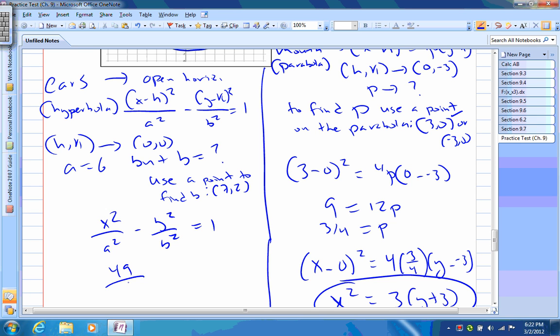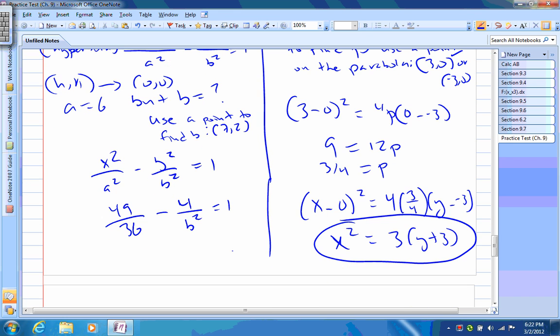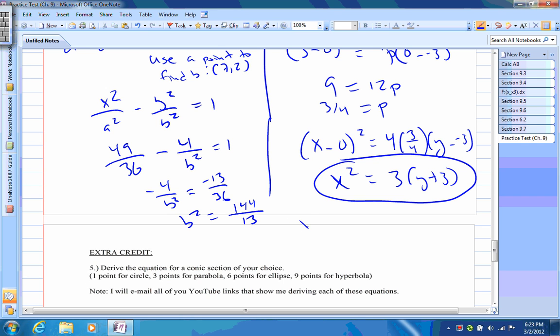So 49 over 36 minus 4 over b squared equals 1. If you solve for b squared, be careful. Negative 4 over b squared is going to equal negative 13 over 36. If you do this carefully, you should get b squared equals 144 over 13. So the equation for that one is going to be x squared over 36 minus y squared over 144 over 13 equals 1.